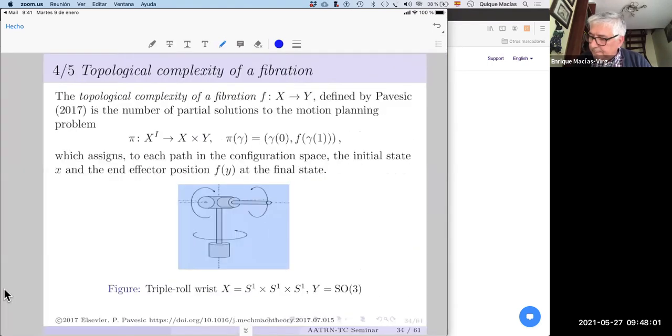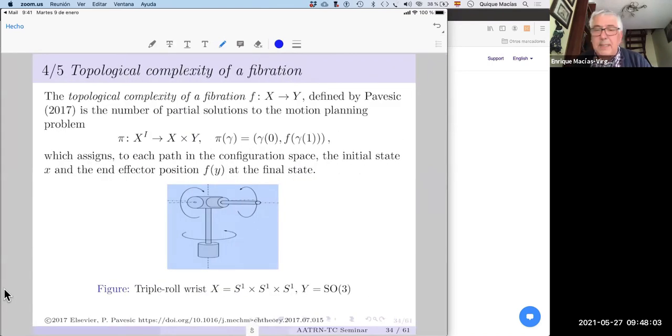And you also have the topological complexity of a fibration defined by Pavesic, which is the number of partial solutions to the motion planning problem, which sends each path into its origin x and the image of the final state. So you assign to each path the initial state x and the end effector position F(y).